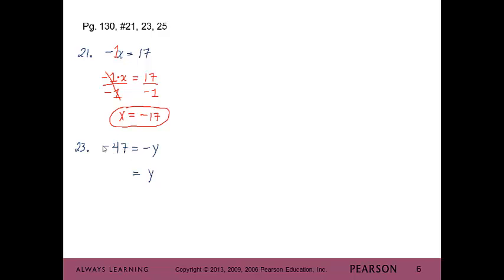And the opposite of -47 is +47. So y equals 47. You should get the same answer if you divide both sides by -1. And then number 25. Now it says -x over 5 equals -9.